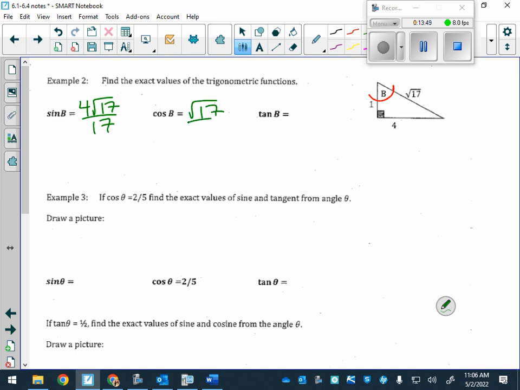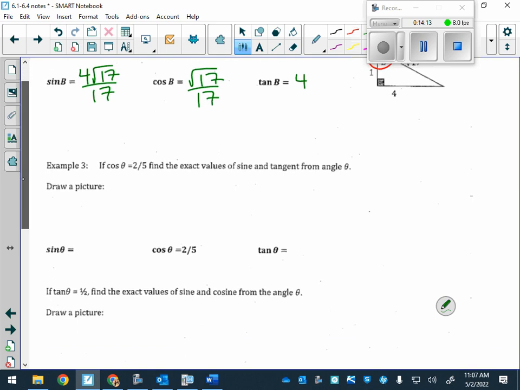Root 17 over 17. How many of you guys got that one? Good. Josh, tangent of B. 4. Good. Awesome. All right. So again, given all three side lengths, to find our ratios or exact values, we use our trig ratios.